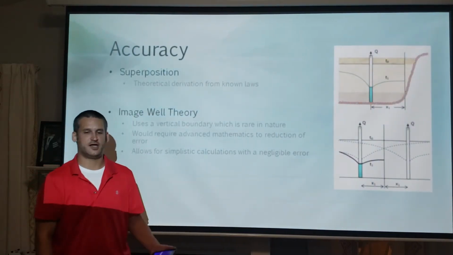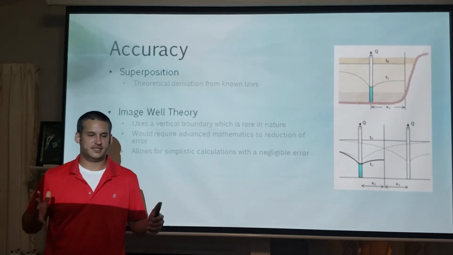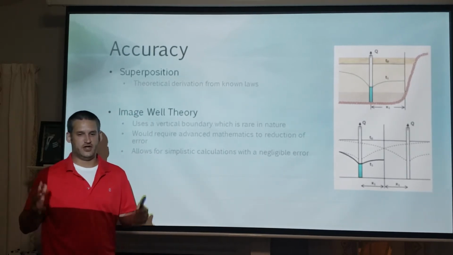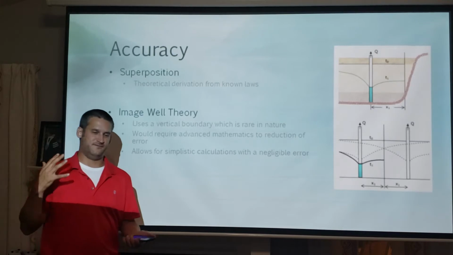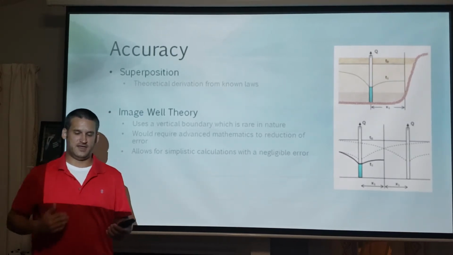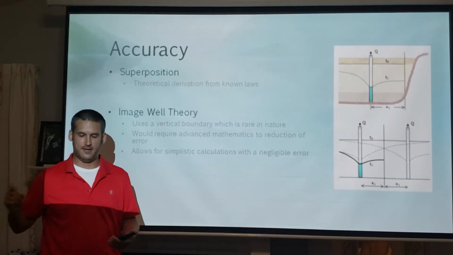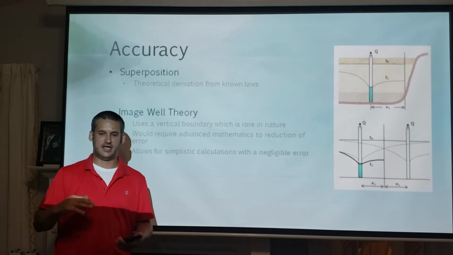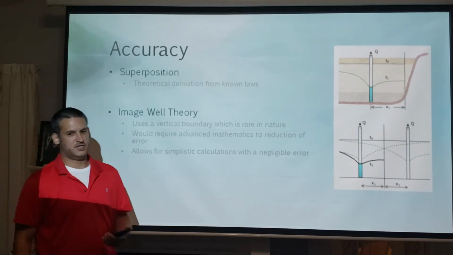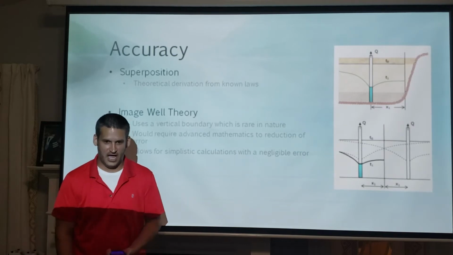Okay, so let's talk about accuracy for a second. The superposition principle is a theoretical derivation of known laws. It involves very, very advanced mathematics, but everything can be written out theoretically. You can actually put pen to paper and write out these equations and how they work together. The image well theory aspect of it is obviously very accurate.